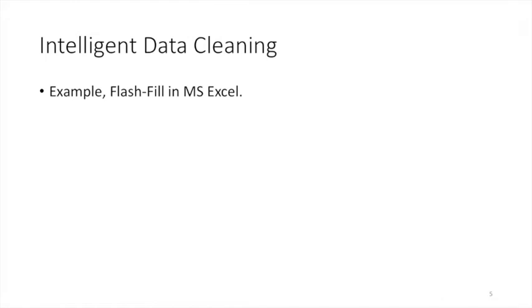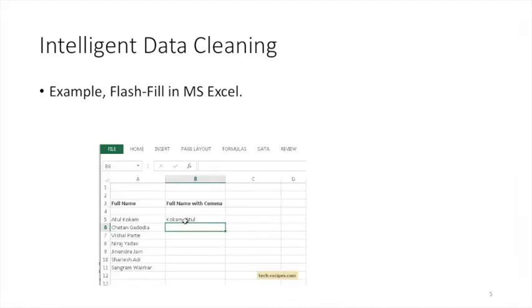on the remaining data. For instance, in this example, we are going to have a data column called full name, and we want to reformat the names as last name, first name. So we provide one example of this action manually, and FlashFill learns from that example and then behind the scenes generates the code automatically.